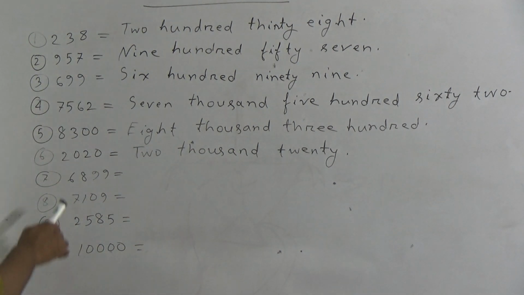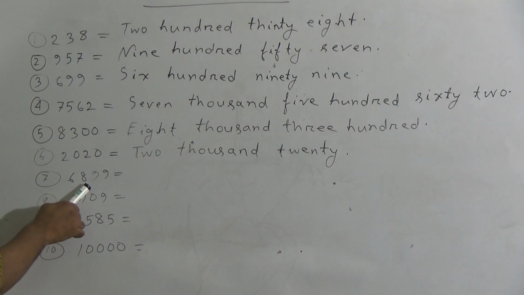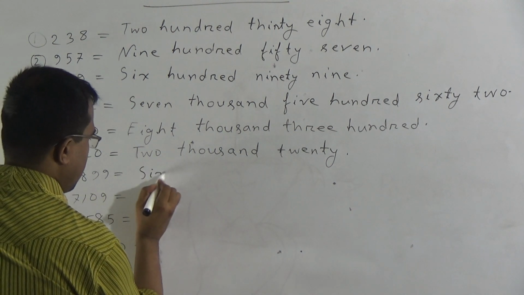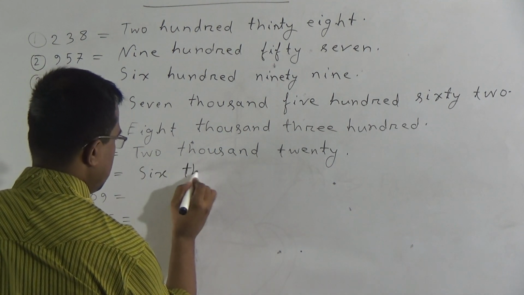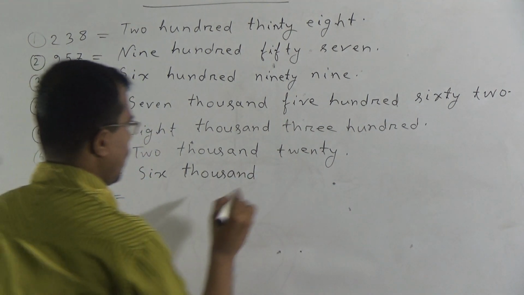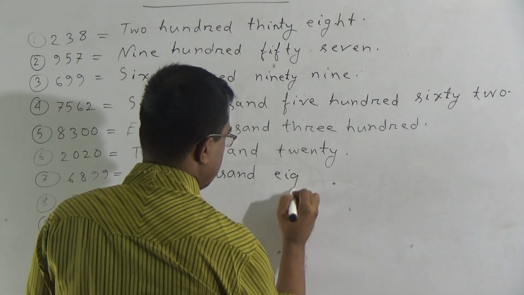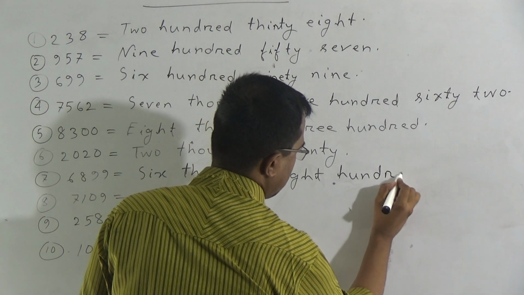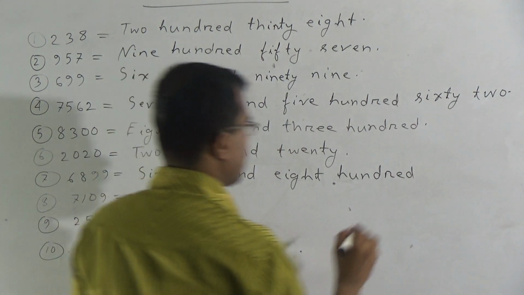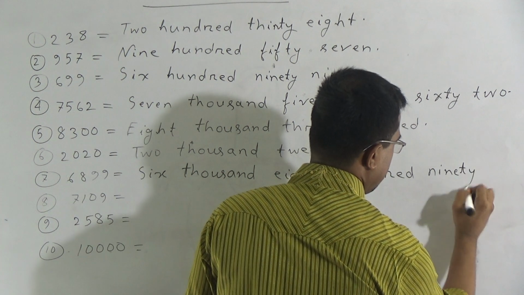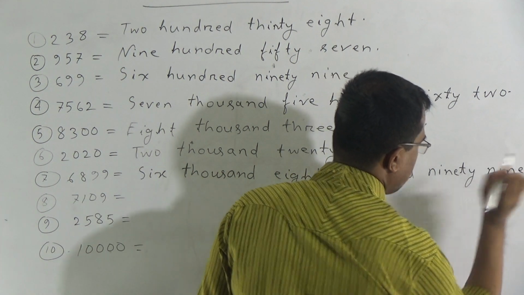Now next number 6899. Six thousand eight hundred ninety nine.